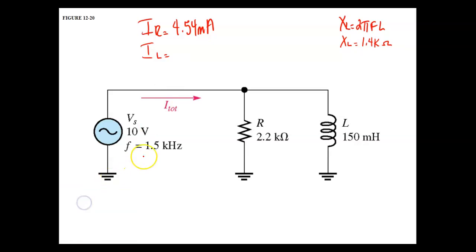Wait, so it's going to be equal to 10 divided by 1.4K. So the answer is going to be in milliamps. Normally if you have K on the bottom, your current is usually going to be in milliamps. So what do we get for IL?